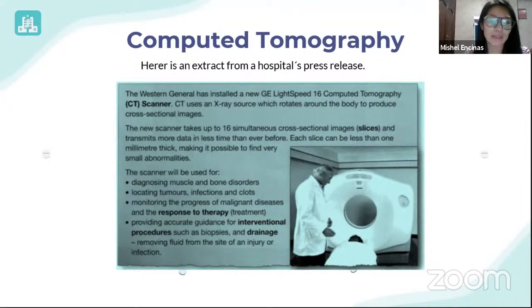Es un drenaje. Do you understand the expression accurate guidance here? Yes, Miss. Yes, teacher.